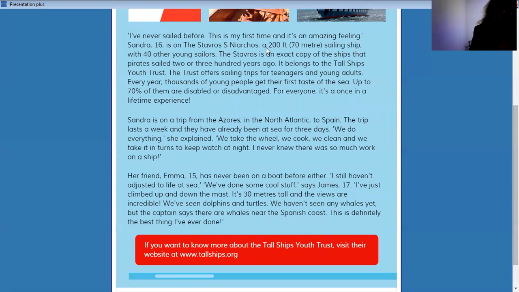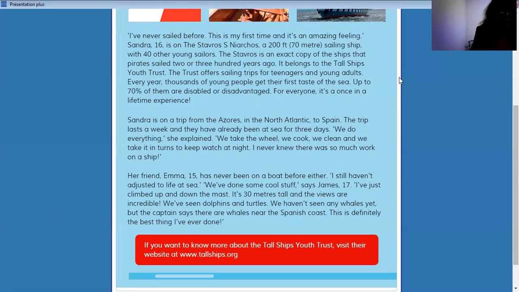Sailing ship. Here is the answer. Okay. Good. Now the next, you have again 30, 70, 70%. Up to 70% of the young people are disabled or disadvantaged. Now you have to look for the next, 40 and 15.